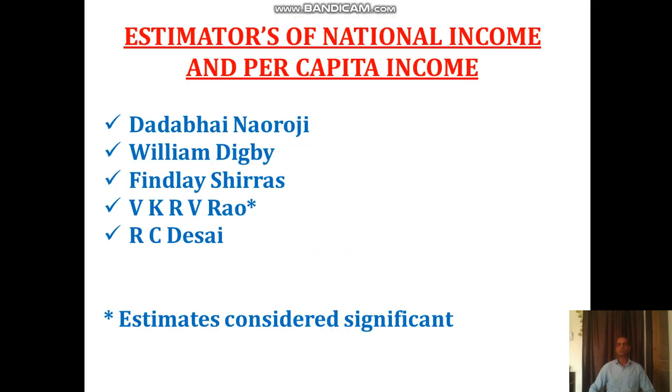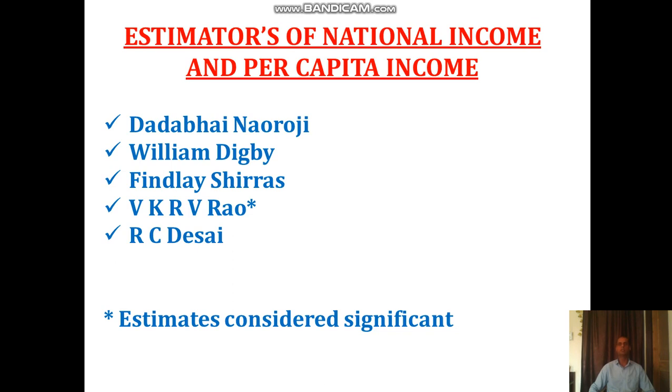So now we'll try to understand who all were the estimators of national income. Today, as we all know, and as we'll study in macroeconomics also, we estimate national income. During the British era, the Britishers were never concerned about the Indian economy, so they never even estimated our national income.